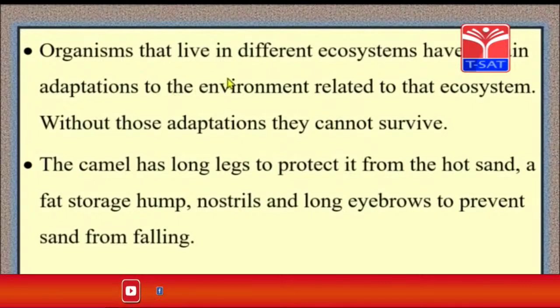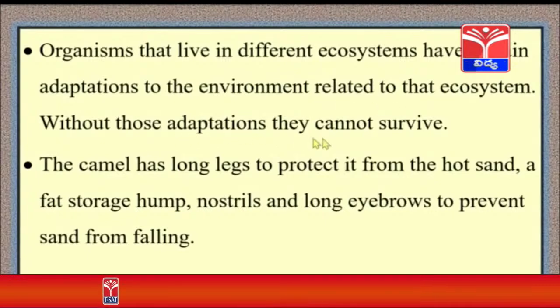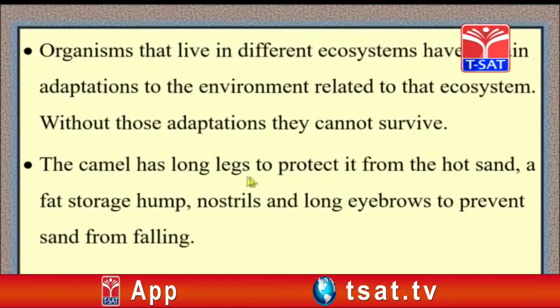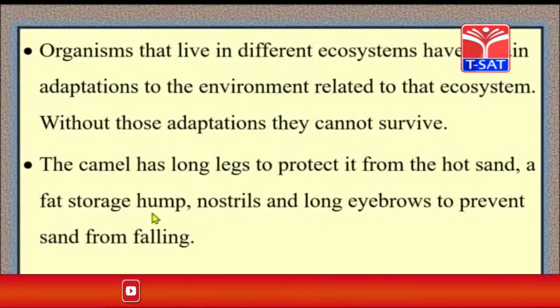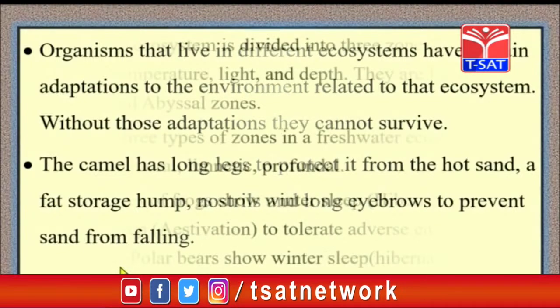Organisms that live in different ecosystems have certain adaptations to the environment related to that ecosystem. Without those adaptations, they cannot survive. The camel has long legs to protect it from the hot sand, a fat storage hump, nostrils, and long eyebrows to prevent sand from falling.